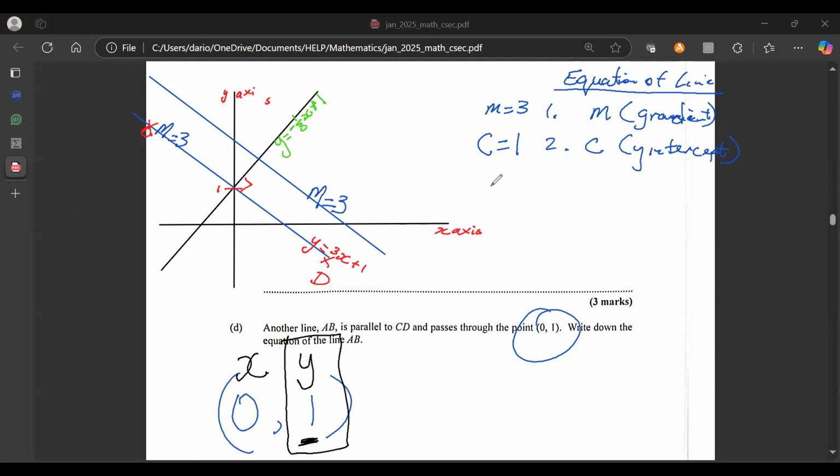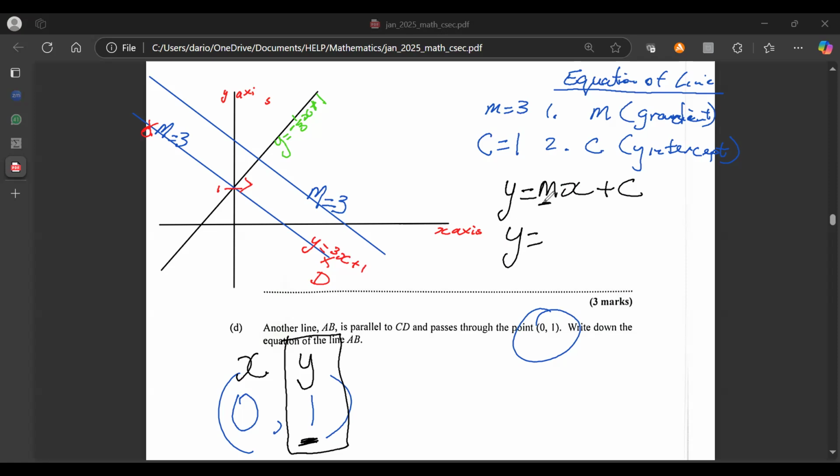So everybody, what is the equation of the line? What's the equation of the line, Shania? Y equal to, what's the gradient?